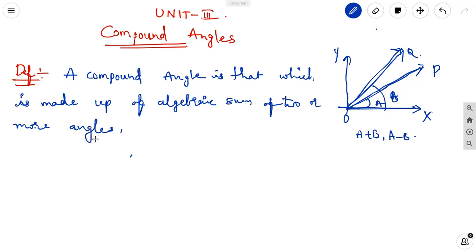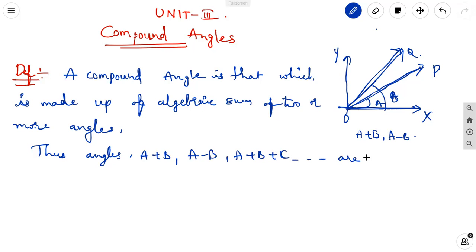Thus the angles can be represented as the sum of two angles, meaning A plus B is the algebraic expression of the sum of the two angles, and the sum of two or more angles means we can take A plus B plus C, and so on. These are all examples of compound angles.